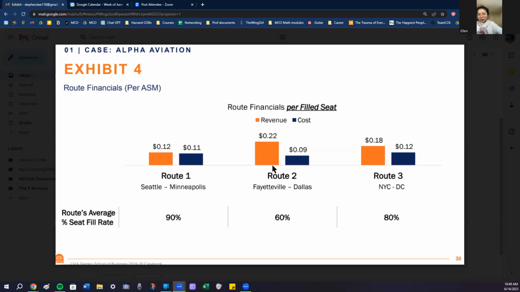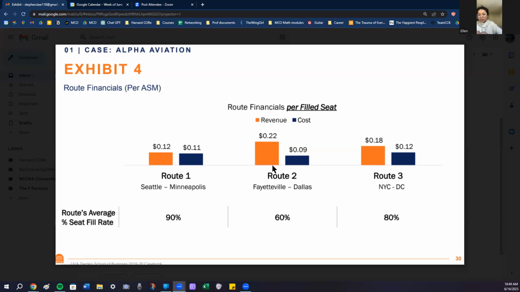Just focus on the number you see here. It's the route financial. I see. Yeah, it's per ASM. Okay. And so we have the route financial per ASM, and we have per route the number of seats per plane, and we have per route the number of miles traveled.